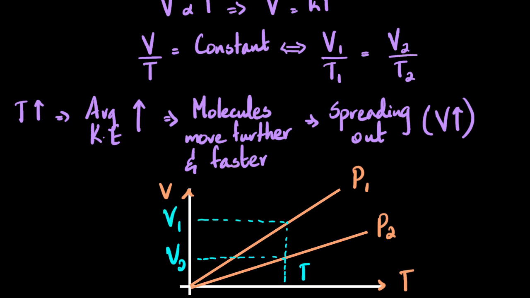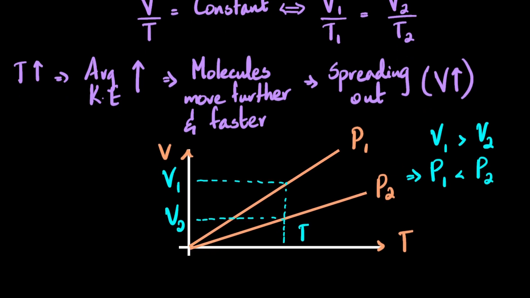So at the same temperature, we can see obviously that V1 is greater than V2, so this volume is greater than this one, so that must mean then that the pressure of 1 must be less than the pressure of 2, right? So that's basically that inverse proportion that we're talking about here. So in this case, when the pressure increases, the gas has less volume at the same temperature.